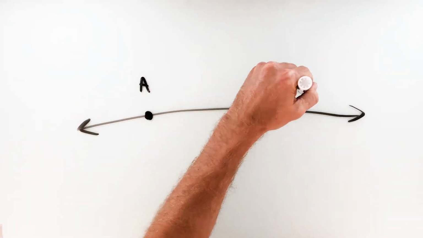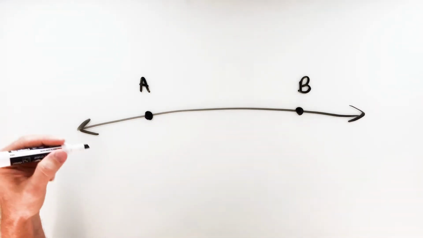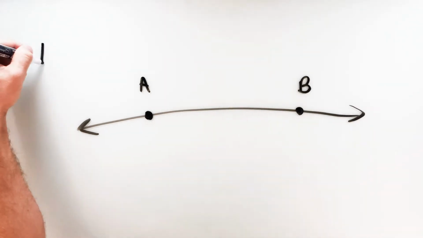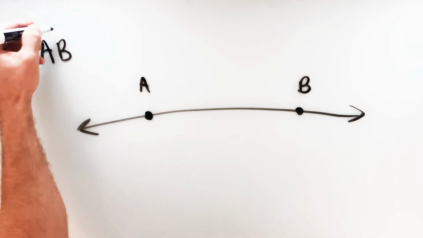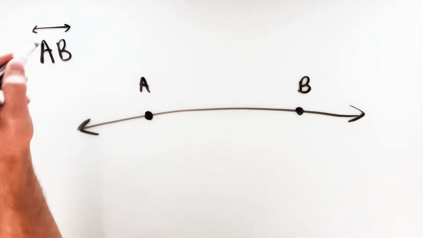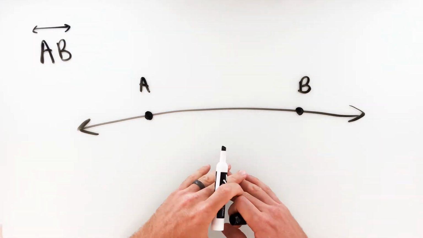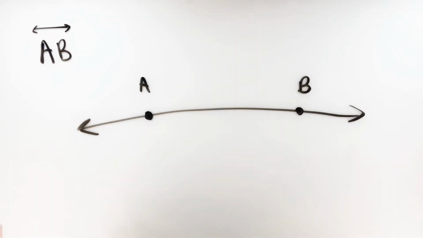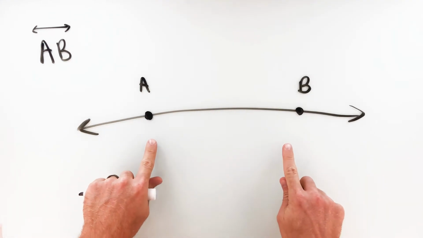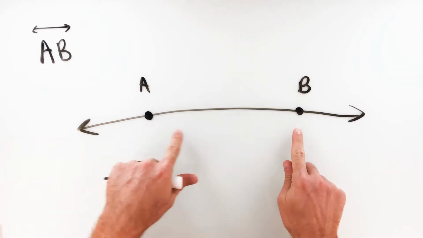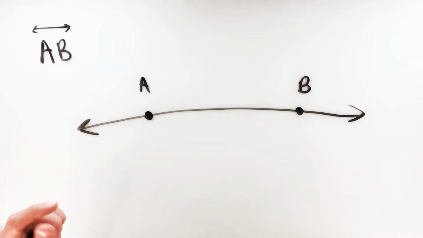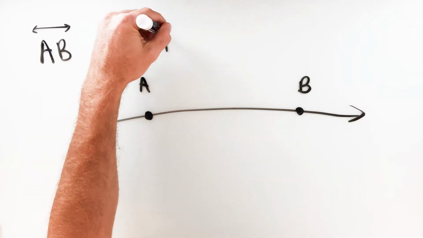So in this case, we've got line AB. When we denote a line, we take 2 points on that line and put a little line with arrows on top. That would represent the entire line AB. But a segment is part of a line bounded by 2 endpoints, and all the points in between. This segment we would name AB.